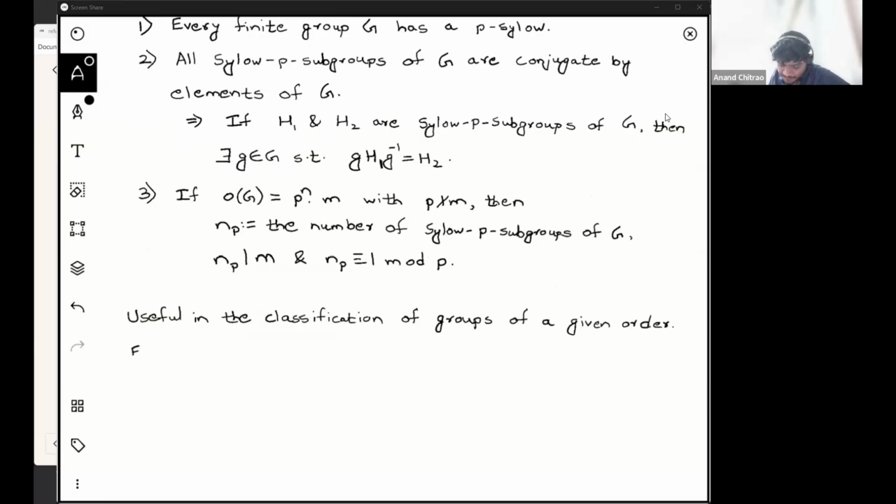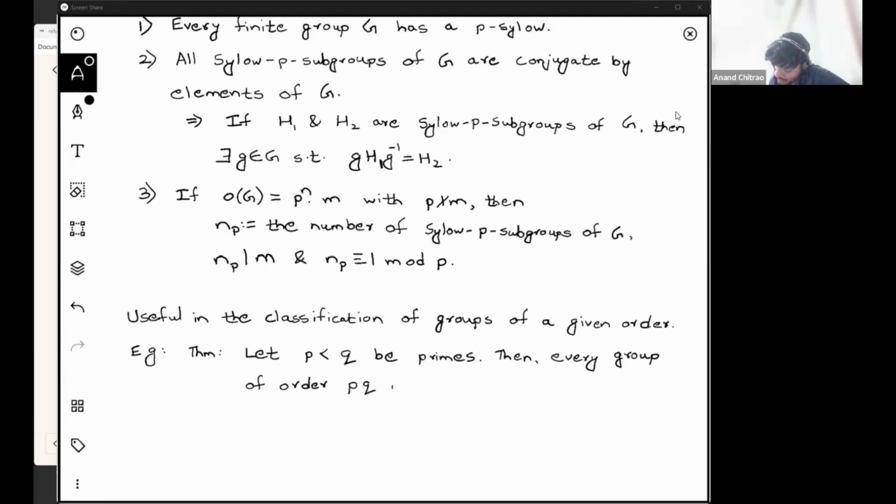As an example, let's prove this theorem. Let P less than Q be primes, then every group of order PQ is abelian.